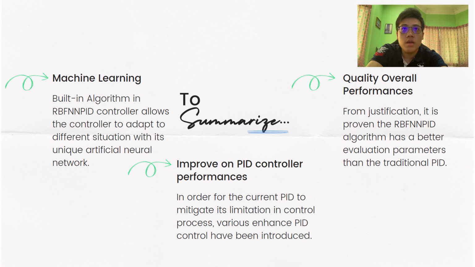In conclusion, it is indeed proven that the RBFNNPID controller has a greater overall performance than the traditional PID controller based on various evaluation parameters. It is observed that the built-in algorithm of the RBFNNPID controller has an excellent global approximation ability of the RBF network, enabling it to approximate myriad types of nonlinear functions with arbitrary accuracy, which is proven from both the tracking performance and anti-disturbing performance.